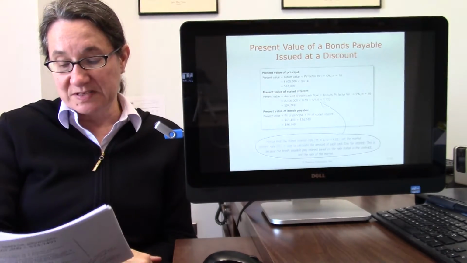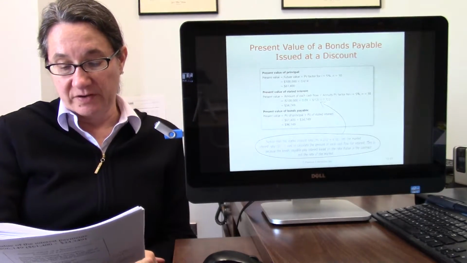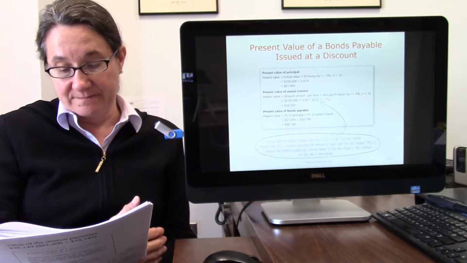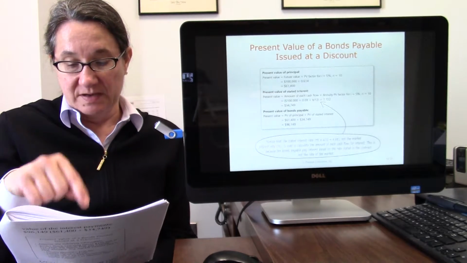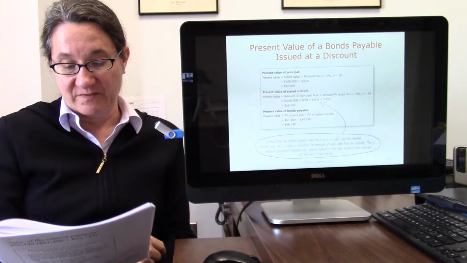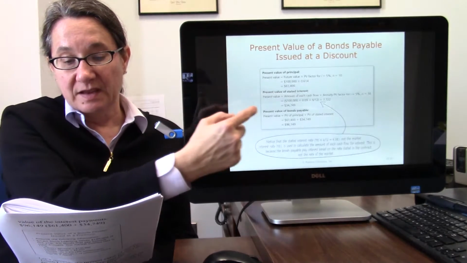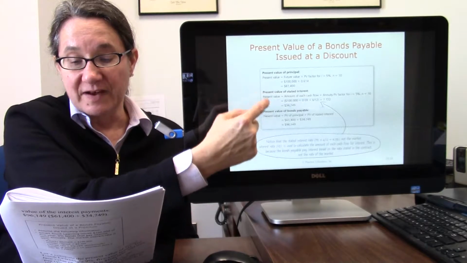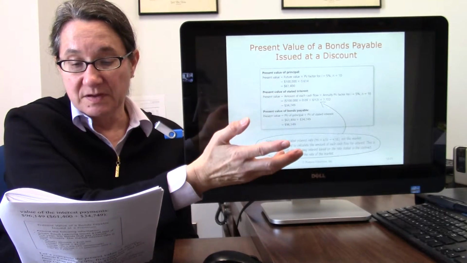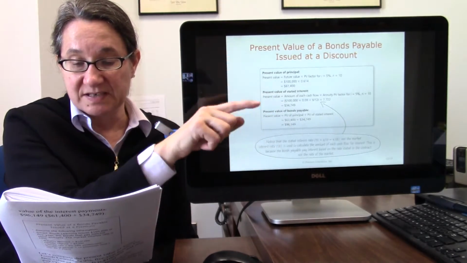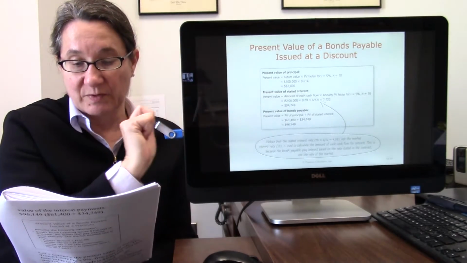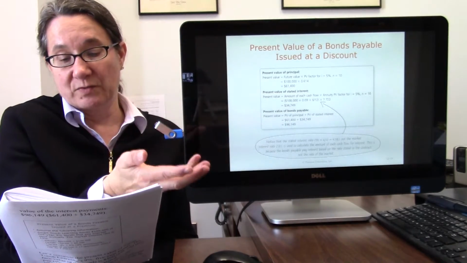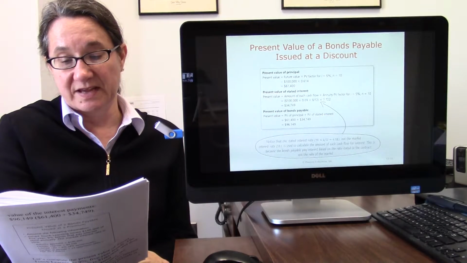The present value of the principal is $61,400. So you've used that present value table times 100,000. The factor you find on the table, 5%, 10 periods, is 0.614. 0.614 times 100,000 is 61,400.